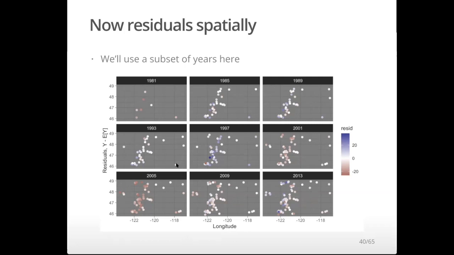But when we look at these, it certainly seems like not only are there years where there are big patches, like 2005, where the residuals are very negative, or 97, where the residuals are very positive together, but there also seems to be, within a year, quite a bit of clumping of similar colored points clustering together.